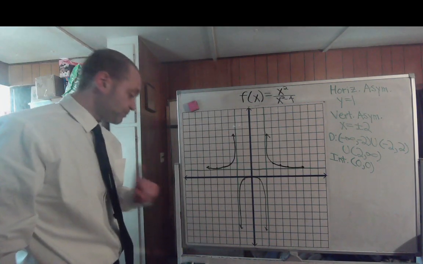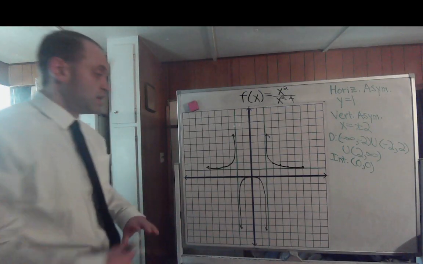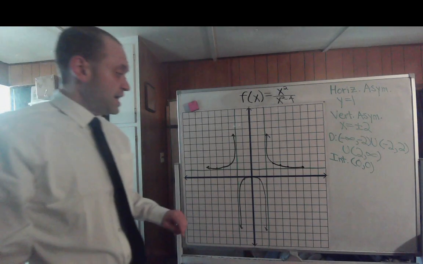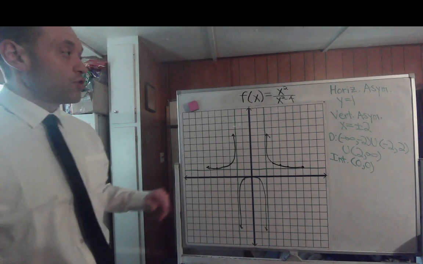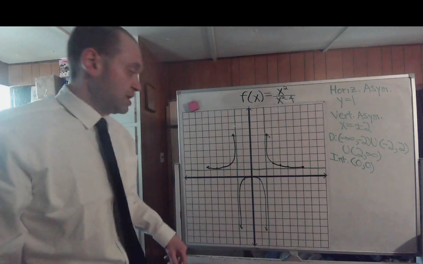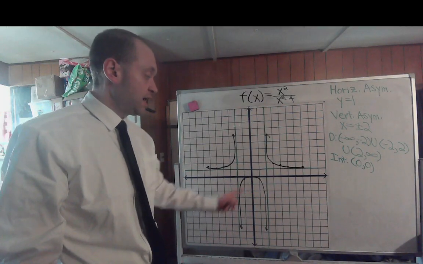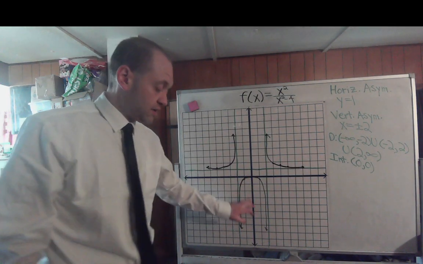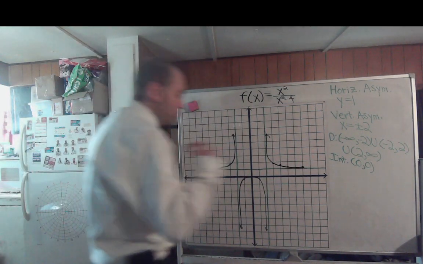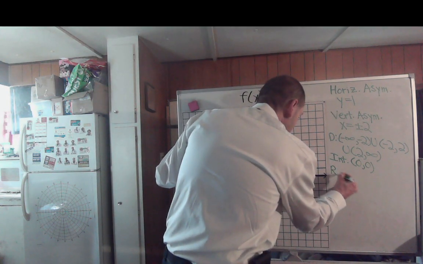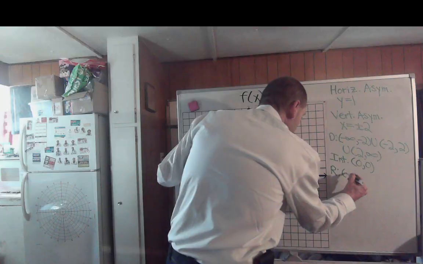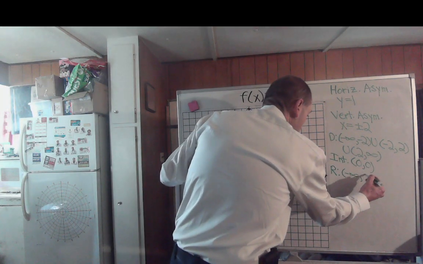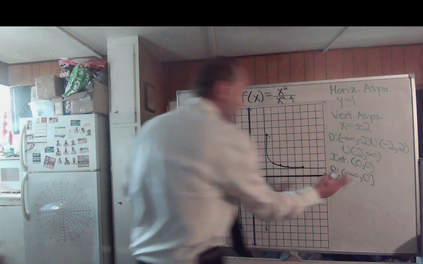Now, what about the range? Okay, it would look like our range goes all the way to y equals 1, but look at this middle piece here. The highest part of the range you get is 0, and then it goes to negative infinity. So your range is actually going to be from negative infinity, this time to 0 inclusive, because your range actually does hit 0.